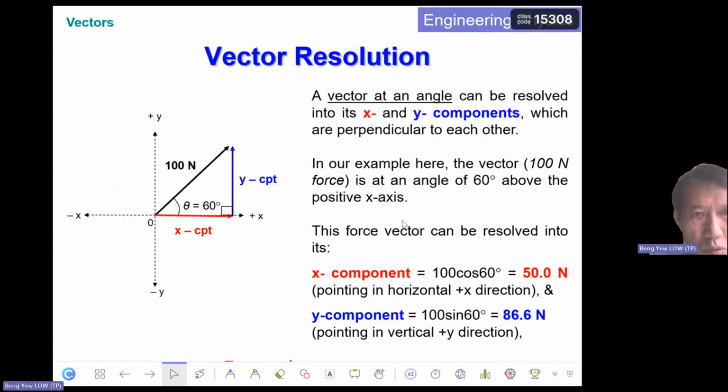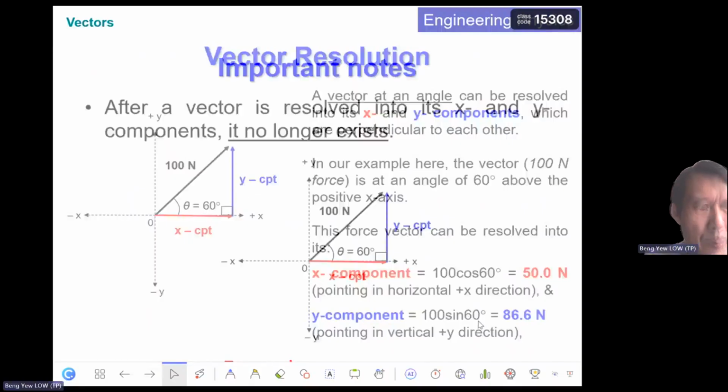Suppose you have a force of 100 newtons acting 60 degrees to the horizontal x-axis. This 100 newton force is made of 2 components as shown in the diagram. Since this is a right angle triangle, we can apply the rules of trigonometry. The x component is 100 cosine 60 degrees, and the y component is 100 sine 60 degrees.